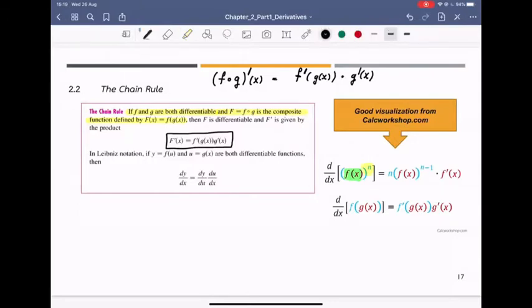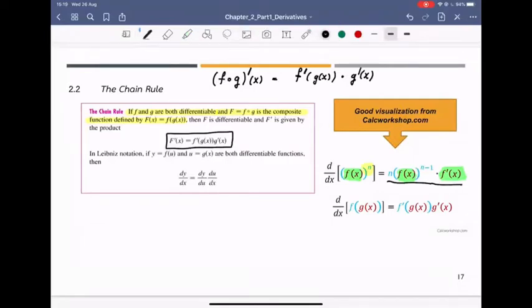And then when you differentiate, you just differentiate the outer function first, which is n times f(x) raised to the n minus 1. And then the one that I highlight in green now, f(x) here, this is called the inner function. And then you can just differentiate the inner function after that. Does it make sense? This is how you use the chain rule.